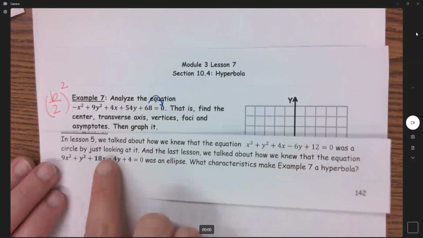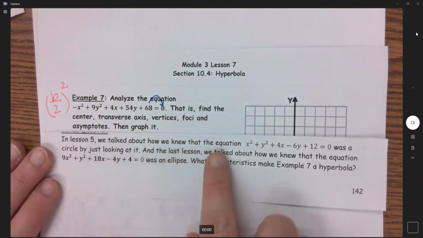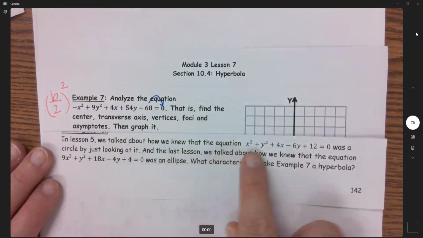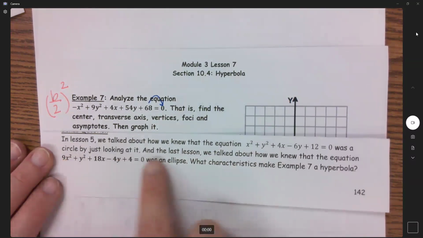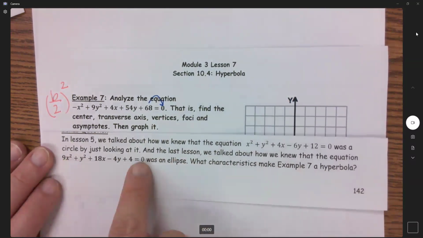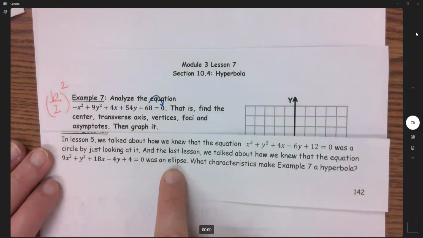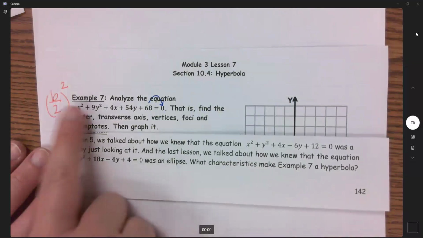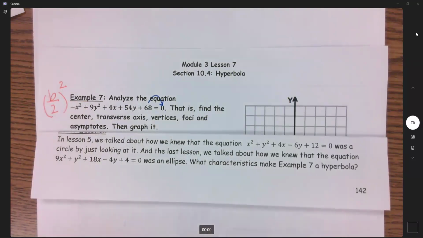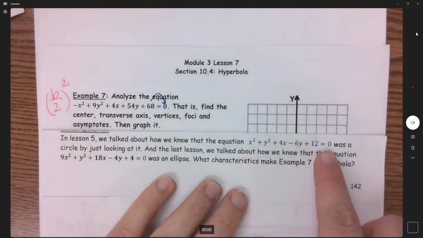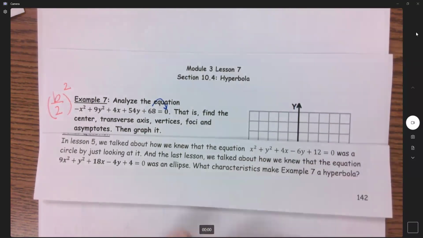It says, in lesson 5, we talked about how we knew the equation right here was a circle by just looking at it. Then in last lesson, we talked about how we knew this equation here was an ellipse. What characteristics make this example 7 a hyperbola? So before we do that, let's review again. How did we know this was a circle? There were 3 things.